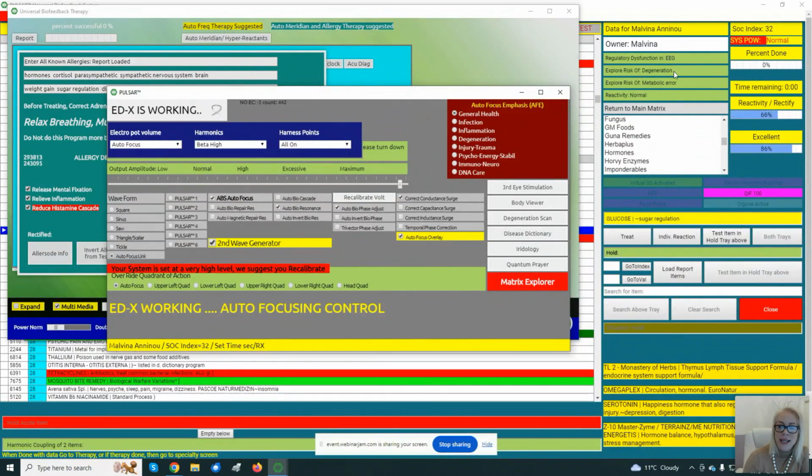So just by this indication, I know that I do have to work the hormones, I do have to work the autoimmune issues, and I do have to work digestion as well. Okay, and digestion also is part of the sugar regulation issues and what have you. But as I see it, as we tested from the beginning, it's all a matter of stress here.